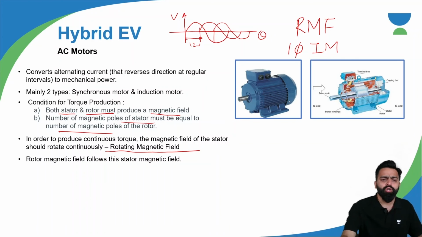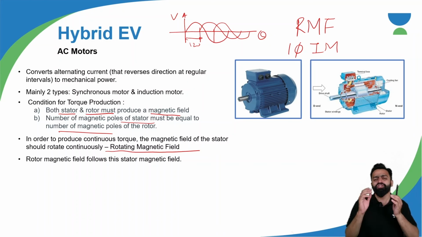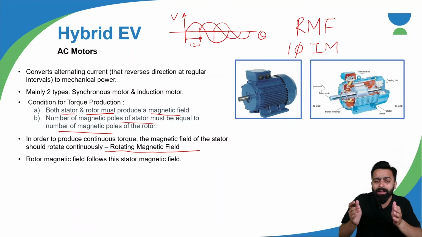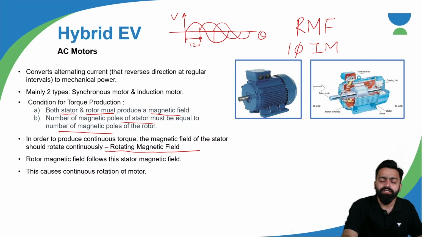The rotor magnetic field follows the stator magnetic field. Once the stator carries the three phase current, these currents produce a rotating magnetic field, and automatically the rotor magnetic field follows the stator magnetic field. The most important thing is that the cause for the rotation of the rotor is the magnetic field produced by the stator, which pulls the magnetic field produced by the rotor.